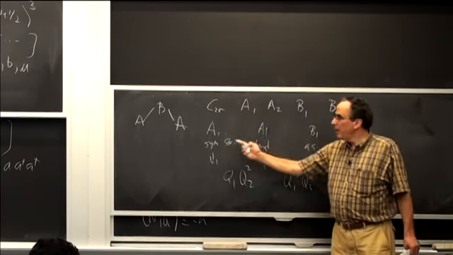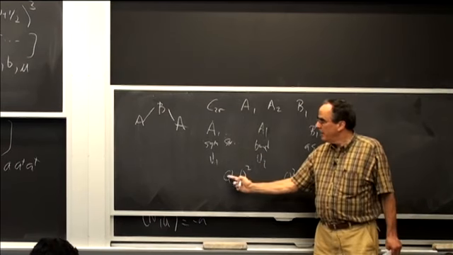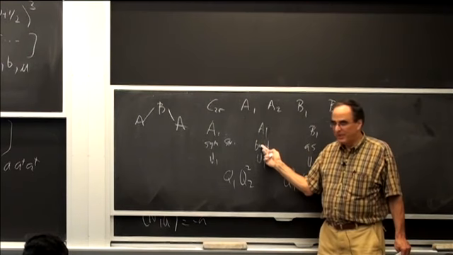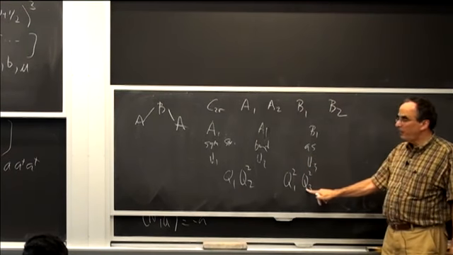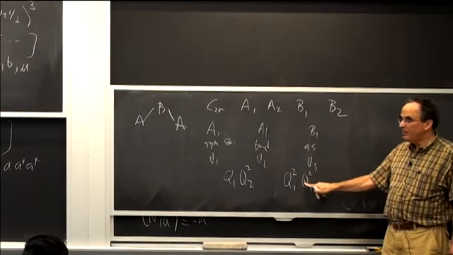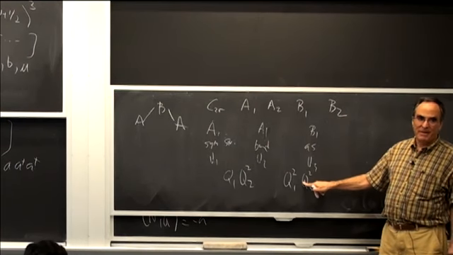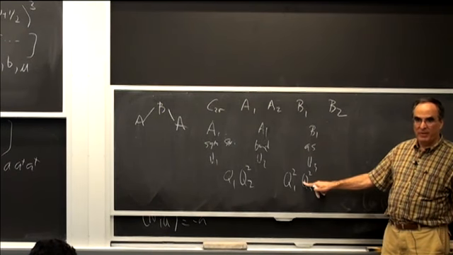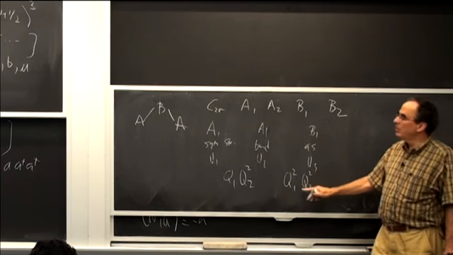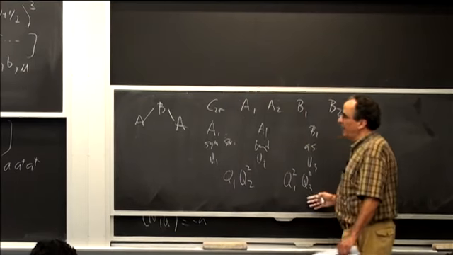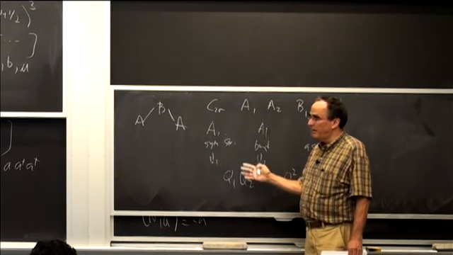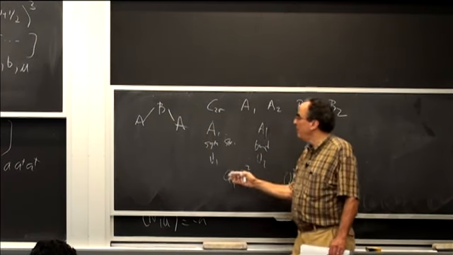Okay, A1, A1, B1. So we can have any powers of modes 1 and 2. But if we have mode 3, we have to have even powers of mode 3 for the legal coupling terms involving mode 3.